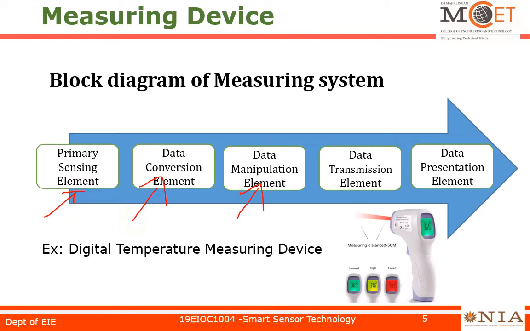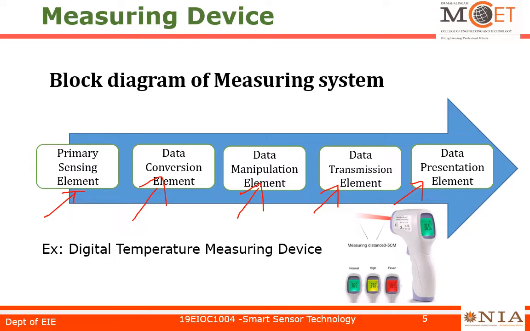The manipulation element manipulates the physical parameter and sends it to the data transmission element. Here, through some communication medium, the data is transmitted and presented to the end user through the data presentation element. So this is the structure of a measuring system. In any measuring system, the basic element is the sensing element.